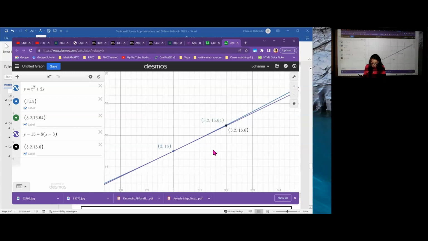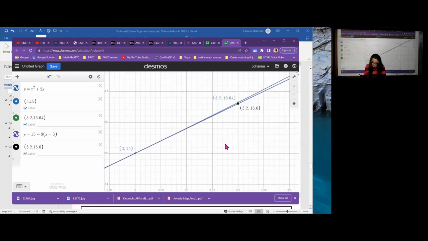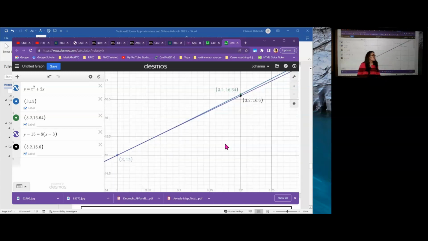They're still very close together, but if I scroll out, can you see the difference between the two? It's very hard, but if you remember, the blue is the actual function with the true value at 3.2 of 16.64. The tangent line approximation is below it in purple, with a value of 16.6. Again, they're very, very close approximations.